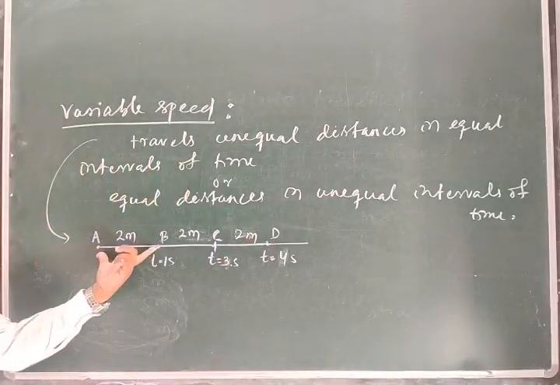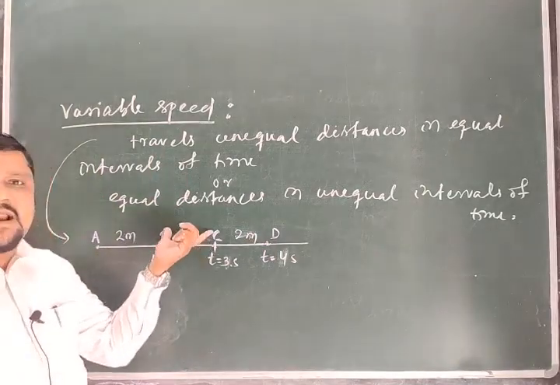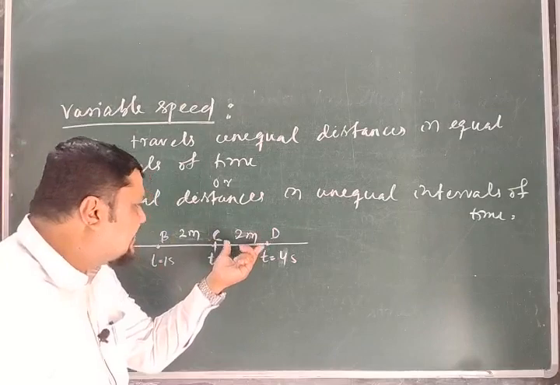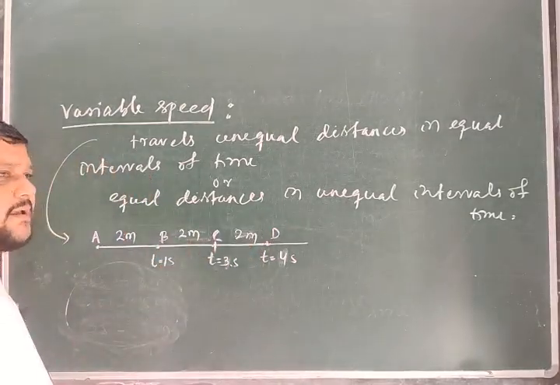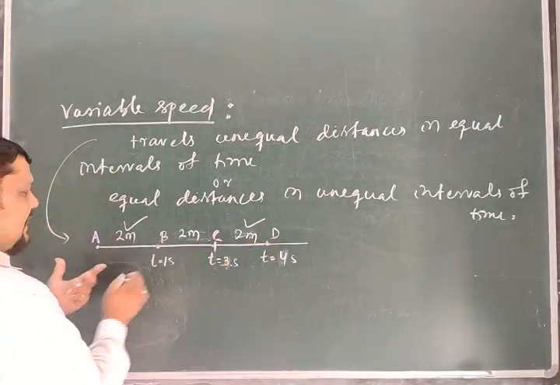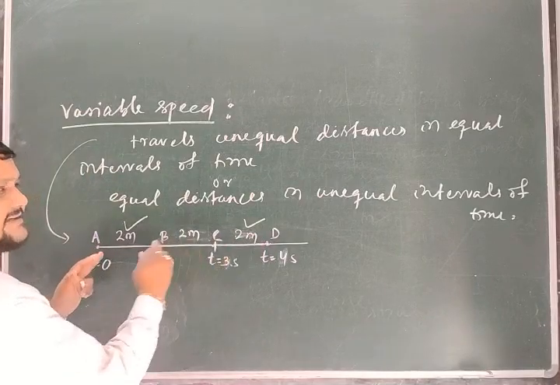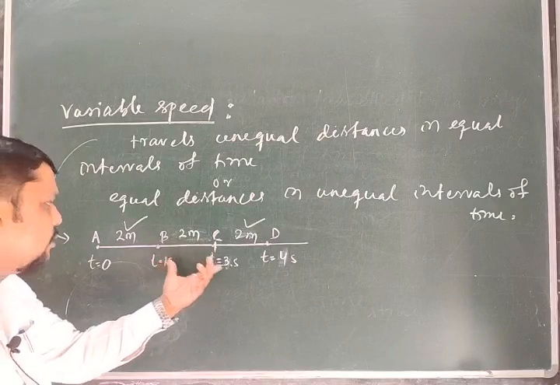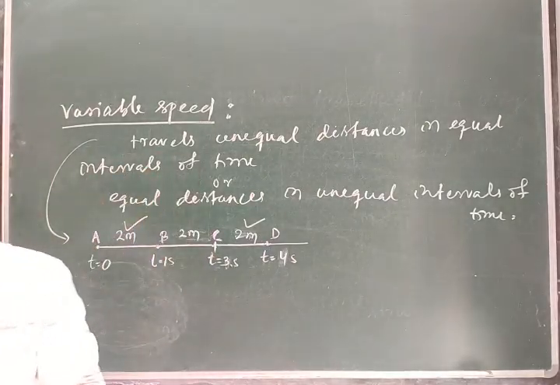So here in 1 second it travels 2 meter, then here in 2 seconds it travels 2 meter, and again in 1 second it travels 2 meter. So the intervals are unequal for the same distance. So the speed is called a variable speed.